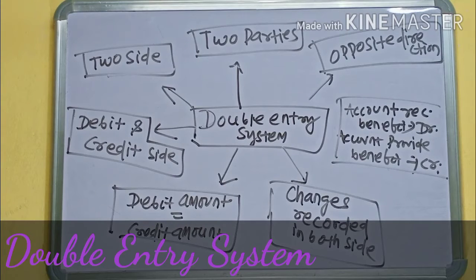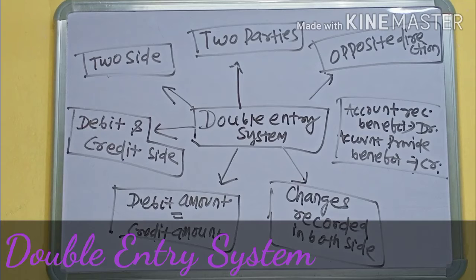Any change made in a transaction is recorded in both accounts, and the two accounts have opposite directions. If one increases, the other decreases, and they are placed in opposite directions, one on the left side and another on the right side.